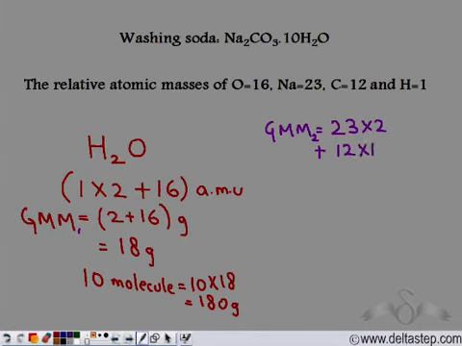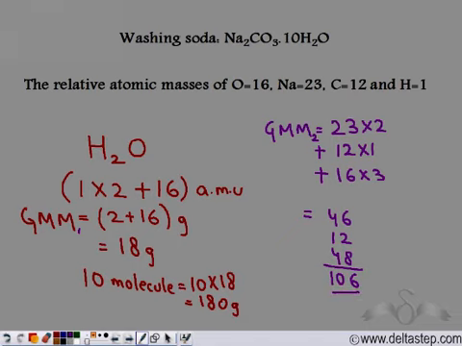Since there is only one carbon atom, each oxygen has 16 and there are 3. So let's first calculate for this Na2CO3. So we get this is equal to 46 plus 12 plus 16 3s are 48. So we get 106 and 10.